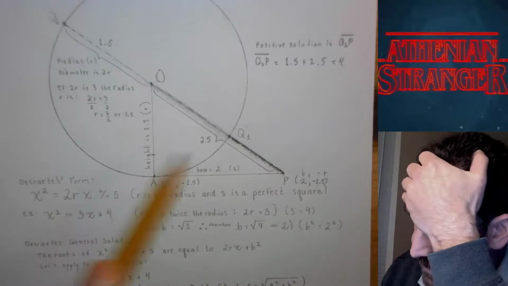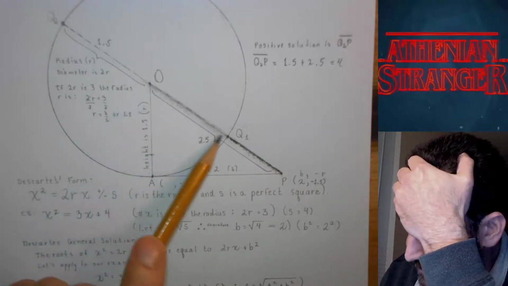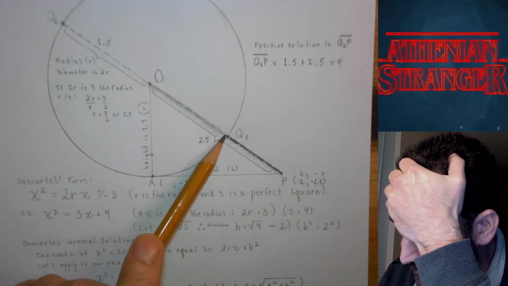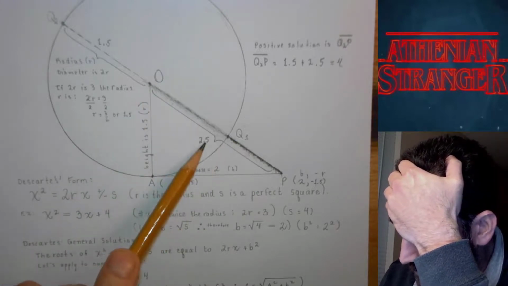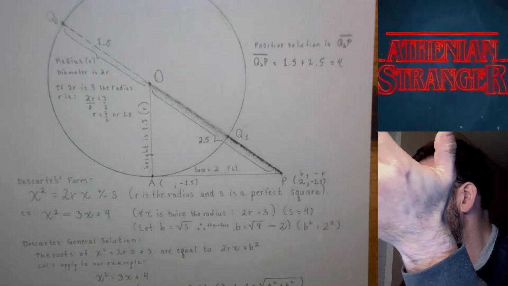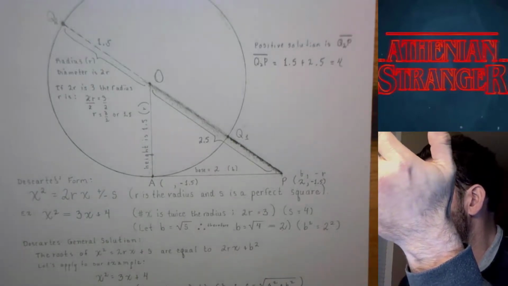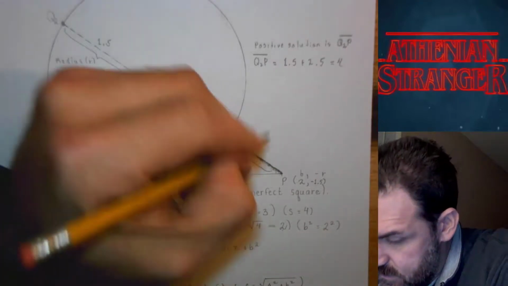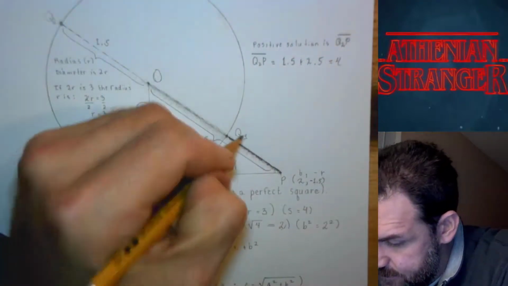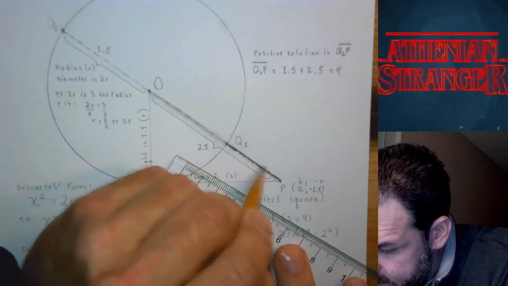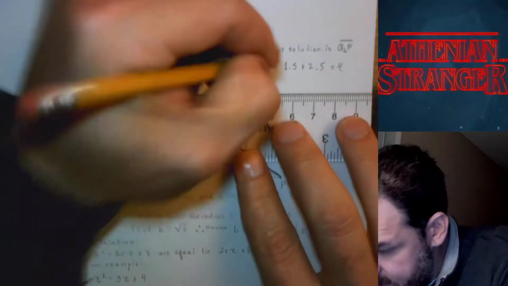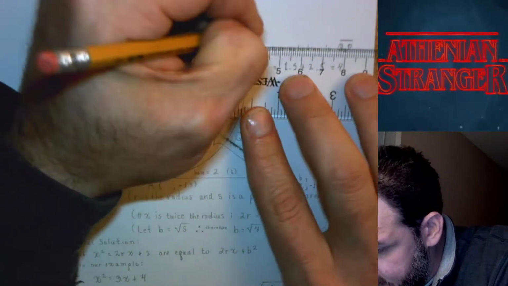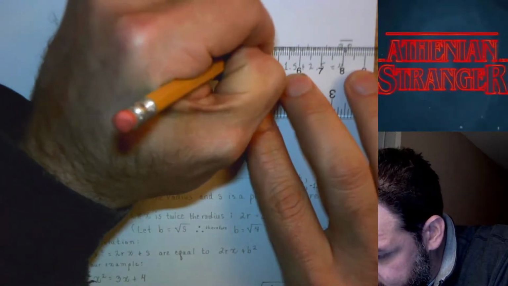Well, look, you already know the radius. You know this whole distance is 2.5, and you know this is 1.5. So this is just 2.5 minus 1.5. What's that? 1? So this distance here from Q1 to P, I should say this is the first positive solution.